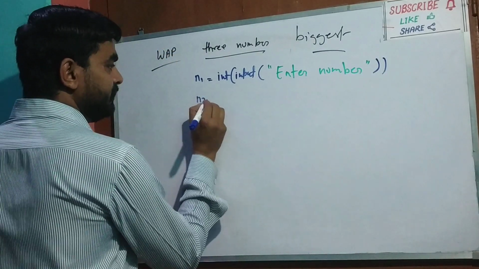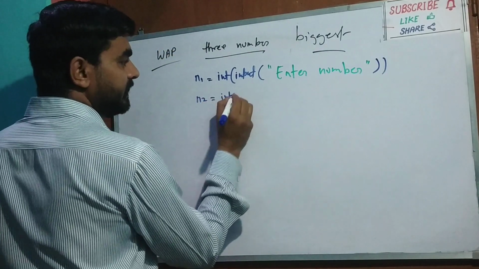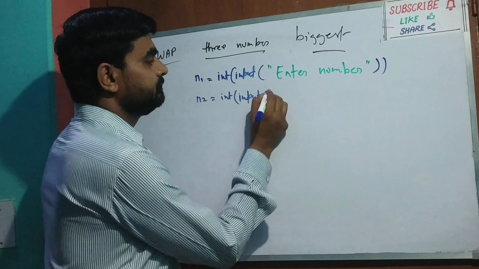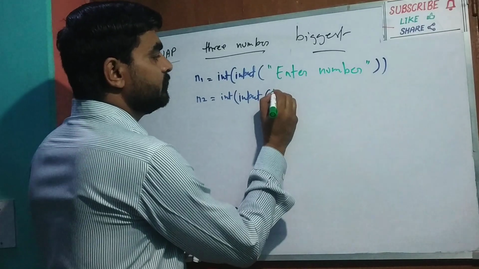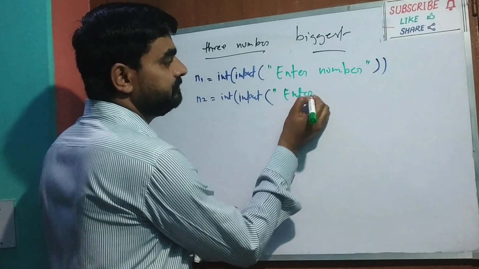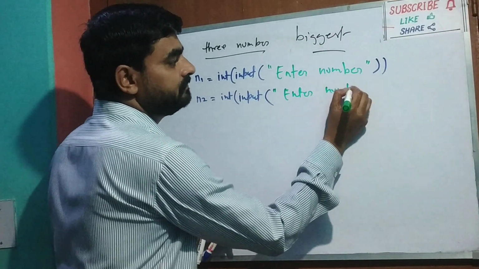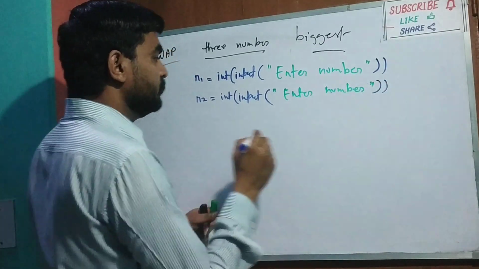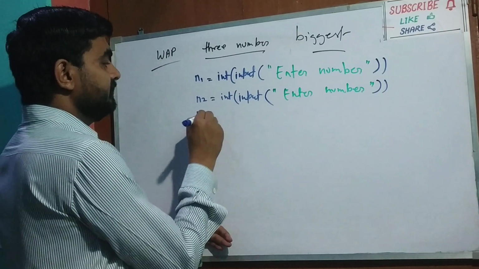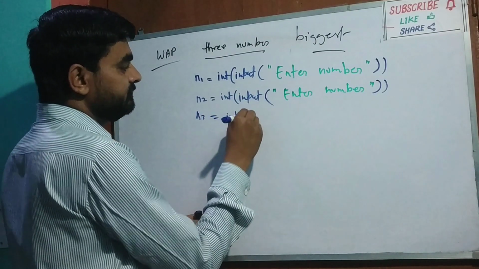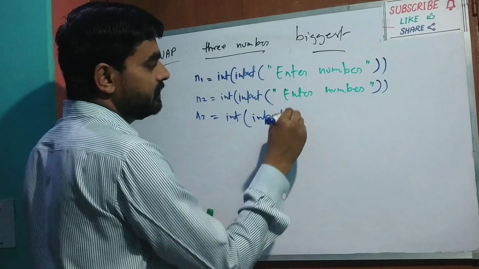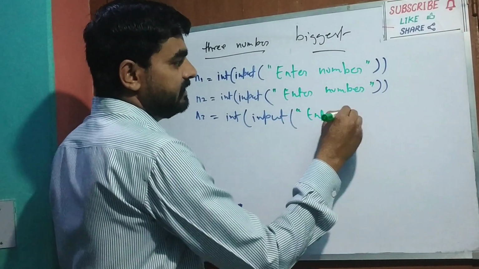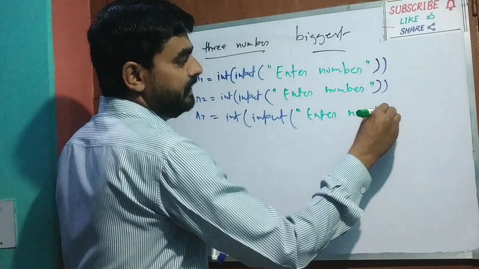Again N2, it is another variable, again it is going to take int input. Then in double quotes, enter number, double quote close, again 2 brackets will close, and lastly N3 int input, then the message enter number.